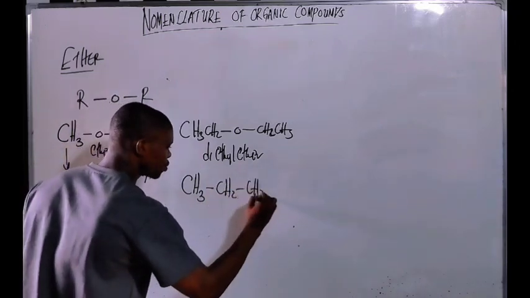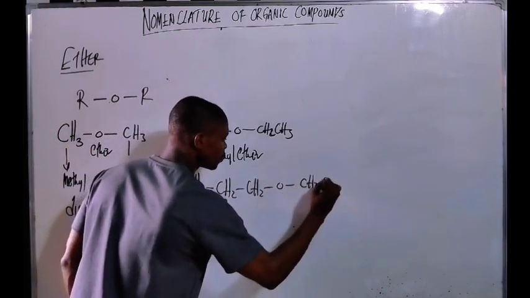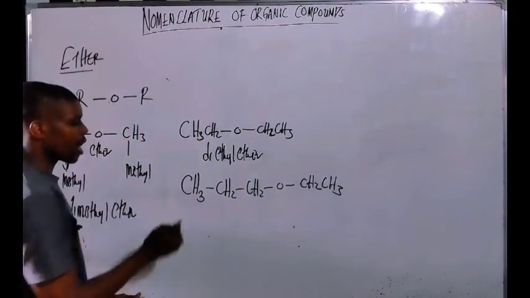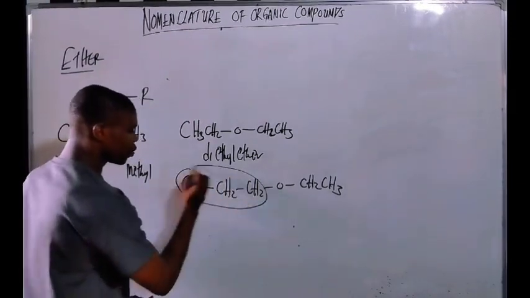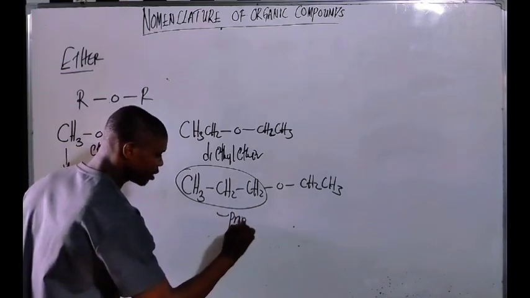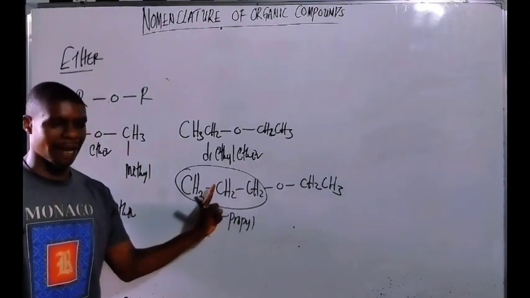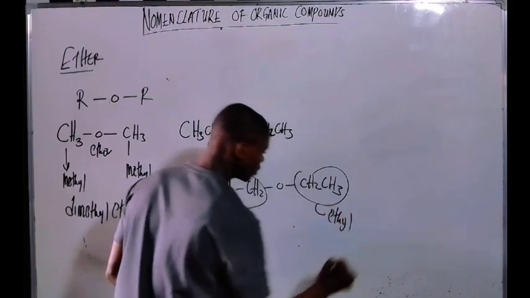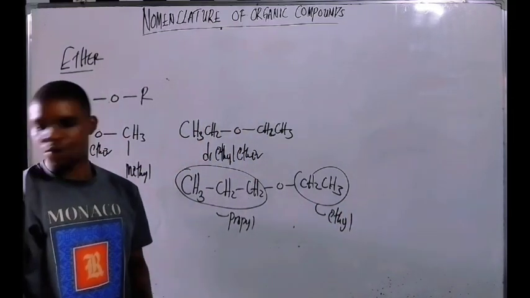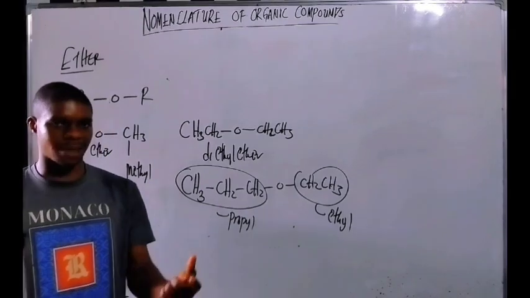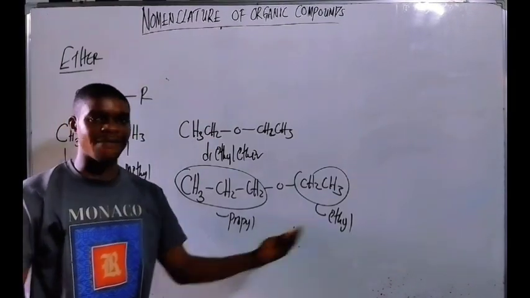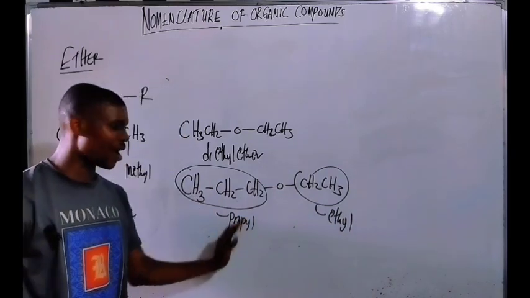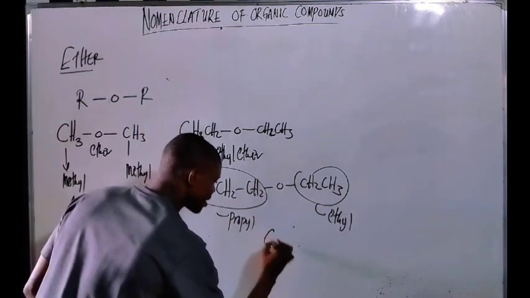Now, if for example I have CH3CH2CH2OCH2CH3, what would be the name? The one side is propyl, and the other side is ethyl. E comes before P in alphabetical order, so it's going to be ethyl propyl ether.